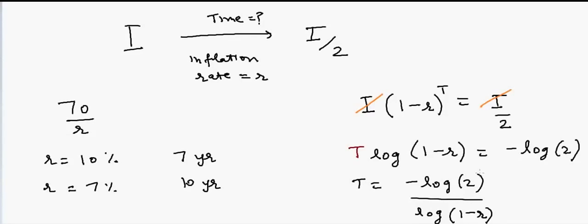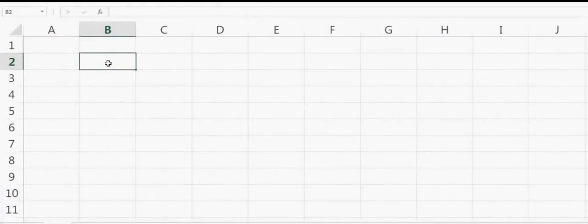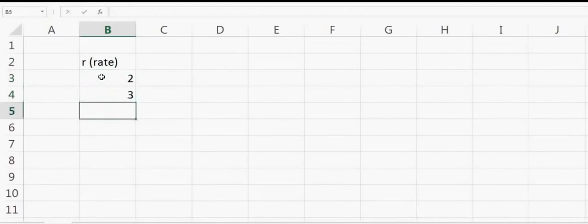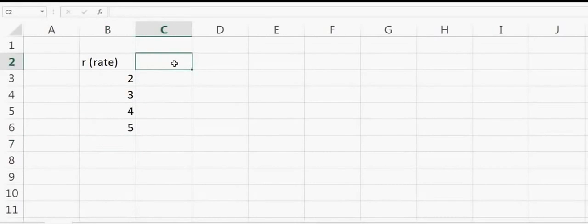So let's go to Excel, and suppose we have an interest rate, which is not the interest rate, it's the inflation rate. So that is equal to 2, 3, 4, 5, and we have different inflation rates, and this is our time.